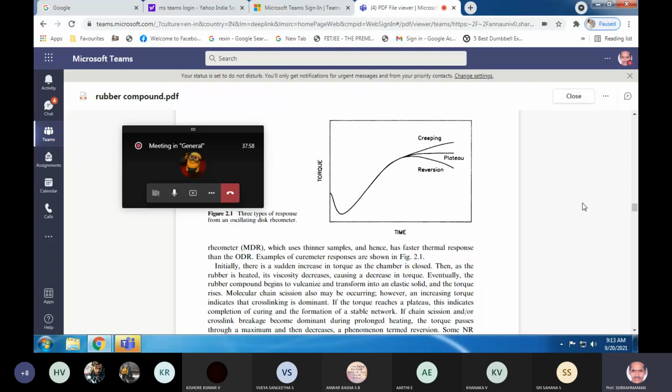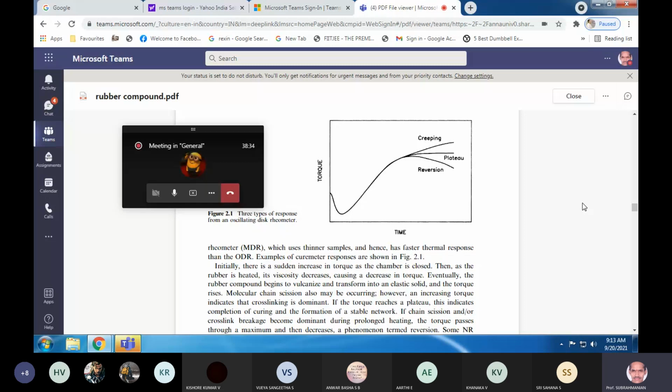So what is the plateau? Equilibrium modulus. And in case of natural rubber, there are chemical additives that can minimize the reversion. They are called anti-reversion agents.